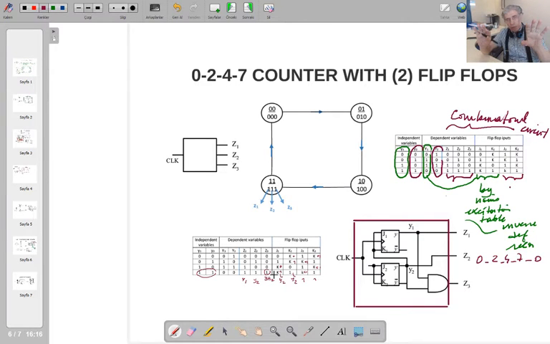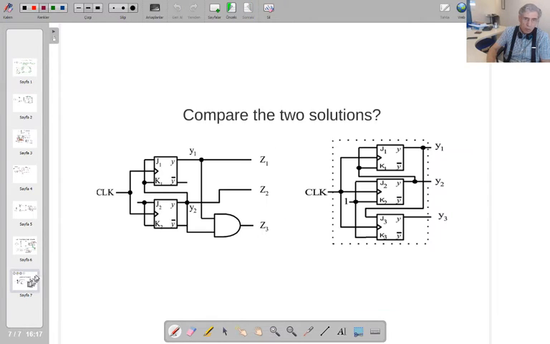So we have two different circuits which do the same job. That means a 0, 2, 4, 7 counter. So let's compare those two circuits now. In here I've got two memory elements or two flip-flops and one AND gate.